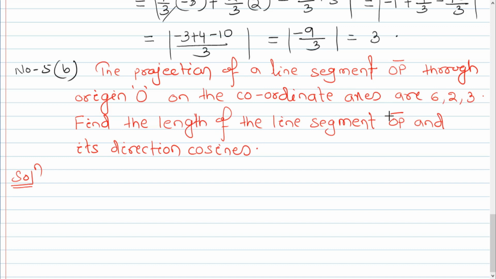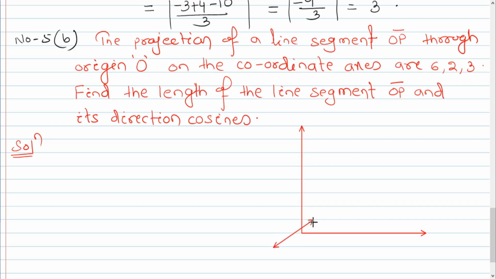You have to find the DCS and the length. Let us make a diagram. Suppose this one is the x-axis and y-axis. One line is going through the origin.